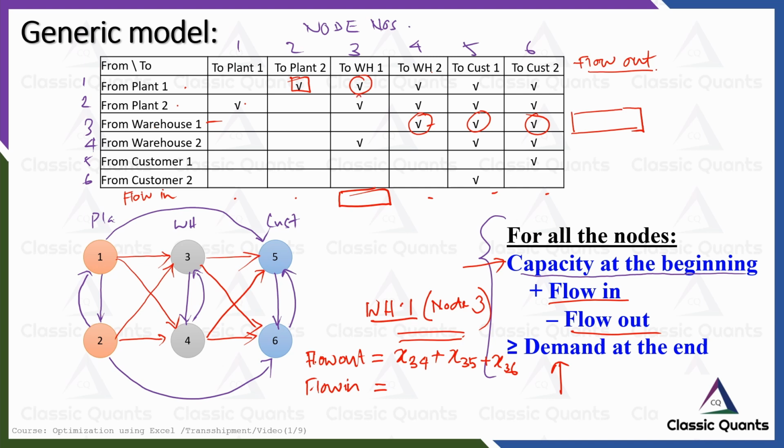So what is this? This plus this, meaning x13 plus x23 plus x43. So this will be here and this one will be here. Sorry, exactly opposite. This will be here and this will be here.